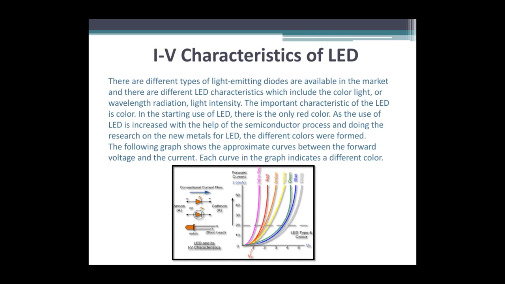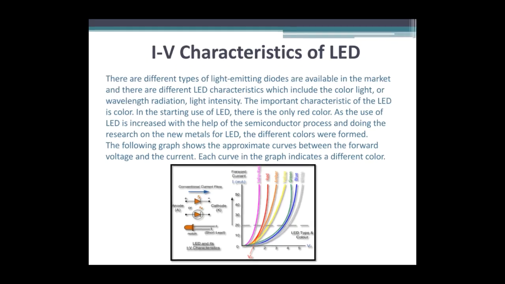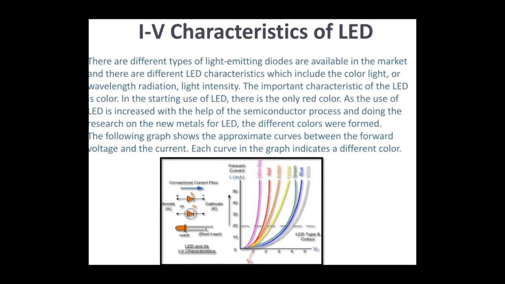As the use of LEDs increased, with the help of the semiconductor process and research on new metals for LEDs, different colors were formed. The following graph shows the approximate curves between the forward voltage and the current. Each curve in the graph indicates a different color. Here is a graph.